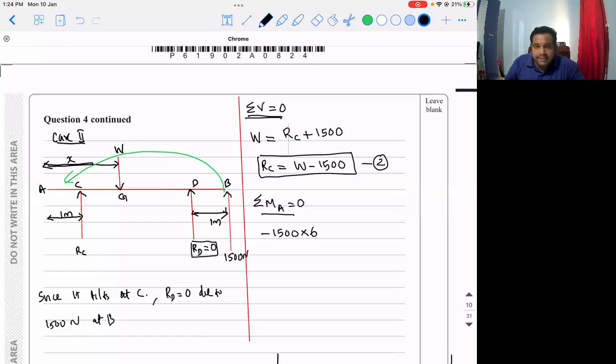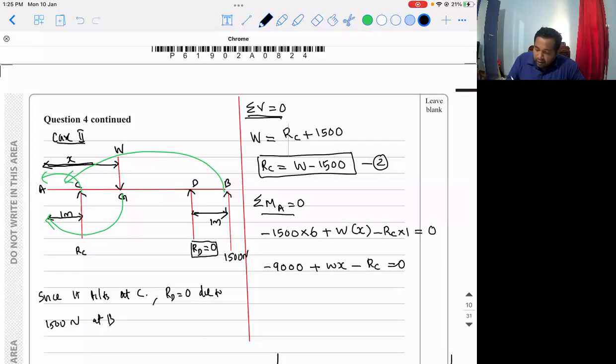So that is anti-clockwise. Then W times X. Then this RC times 1, that is anti-clockwise. And that is equal to what? 0. So that means minus 9,000 plus WX minus RC is equal to 0.